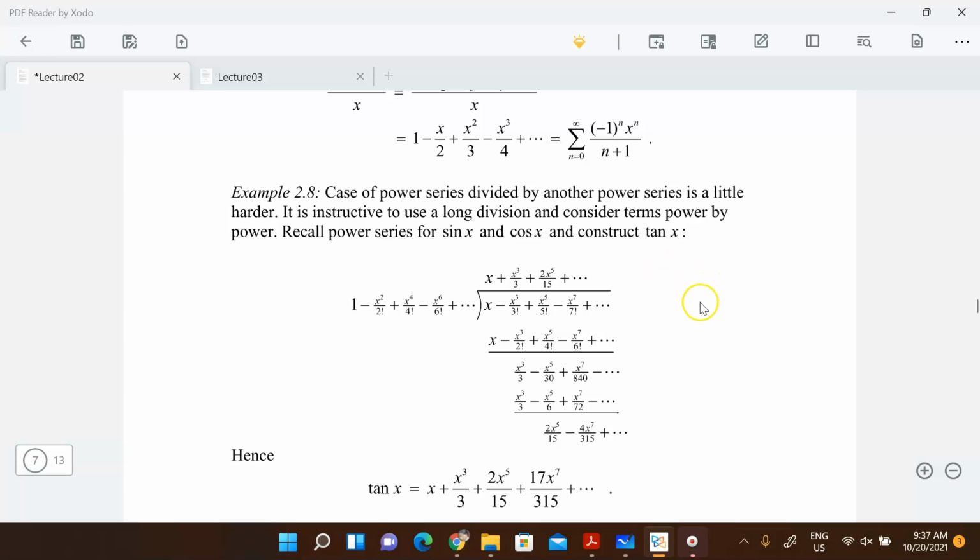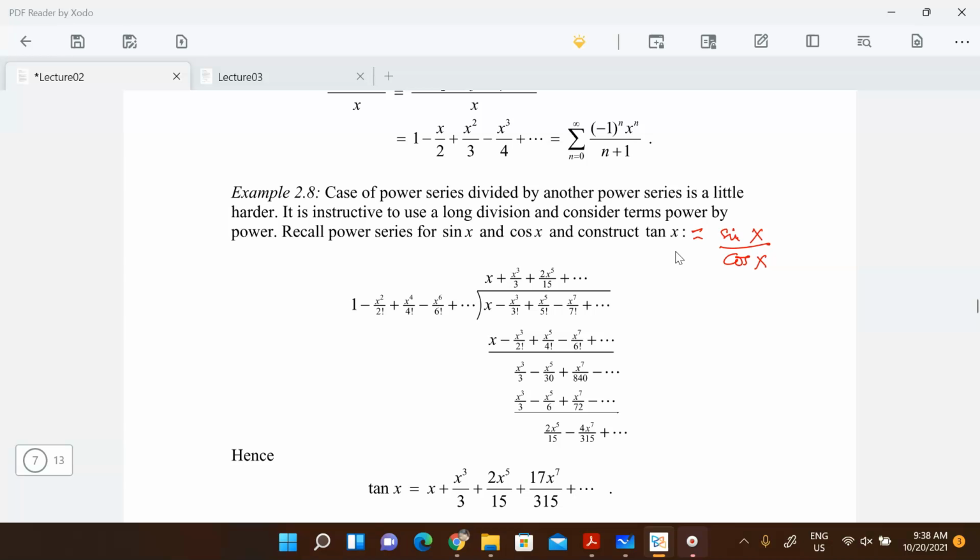For example, an example given here is your tangent x. If you remember, tangent x equals sine x divided by cos x. So you take the power series of sine x and divide it by the power series of cos x.